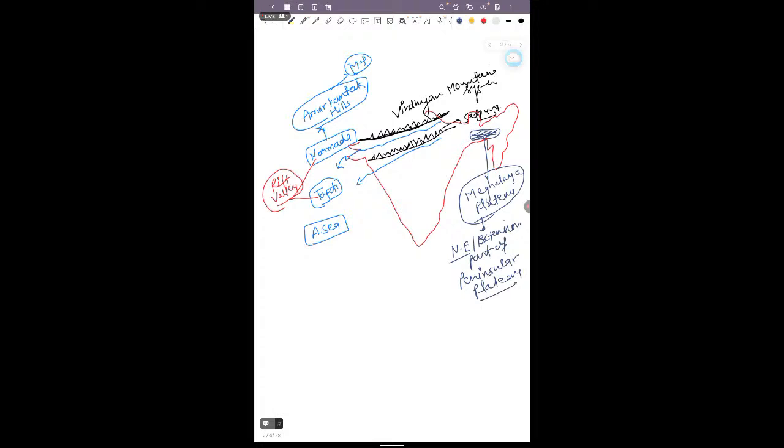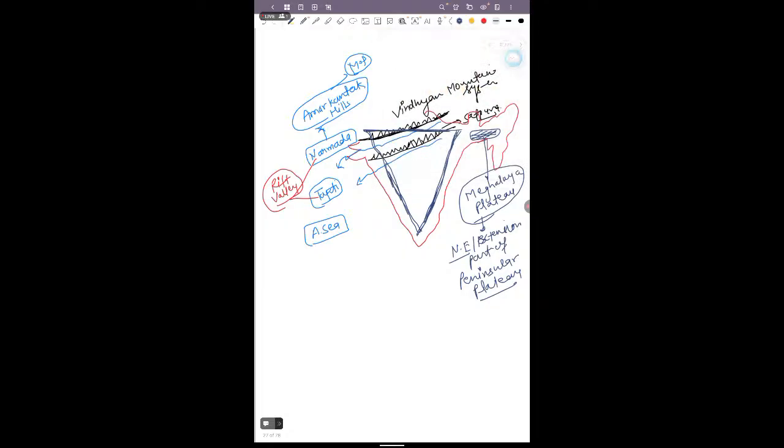So if we talk about that, this is the Peninsular Plateau, but it also extends to the Meghalaya Plateau.